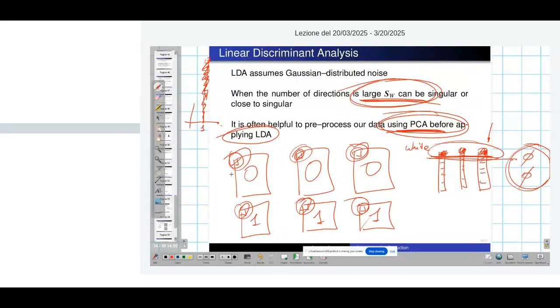will again be well defined, because if we remove directions with low variance, we are definitely removing the direction with low within class variance. Remember that for the within class variance, we have the rule that the covariance matrix is equal to between plus within.